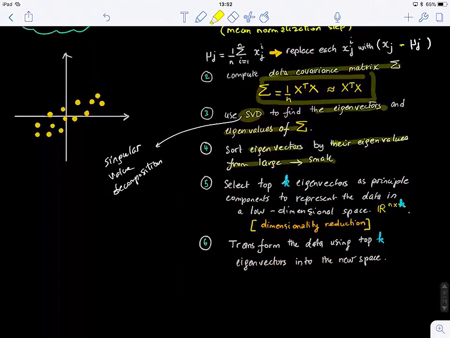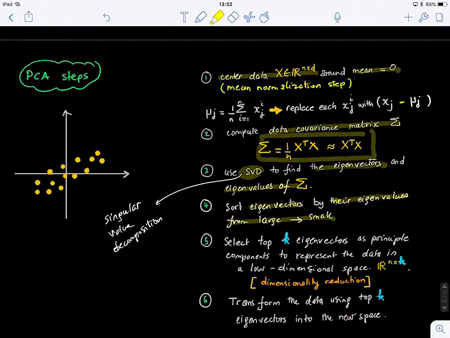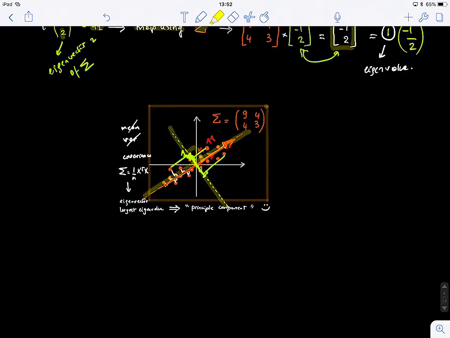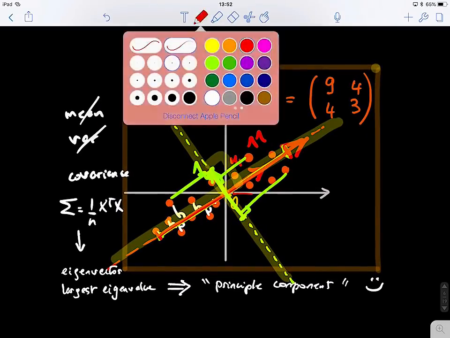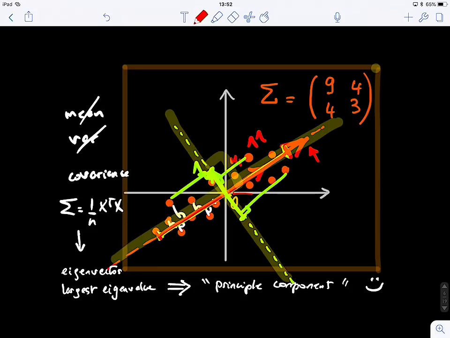Now, the next step, we need to select. So up to here, we just mapped the data, right? The next step would be to select the top k eigenvectors or dimensions, along which we will project the data. Let me ask you a question here. If I select only the red one, this is basically my new dimension.